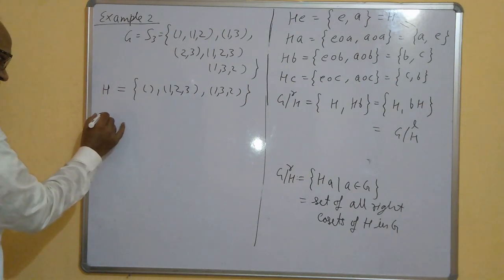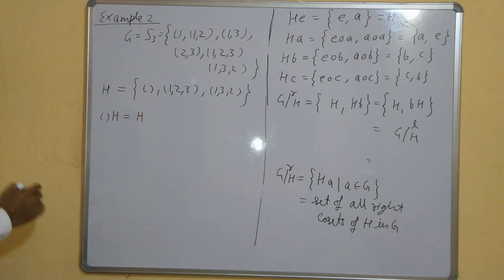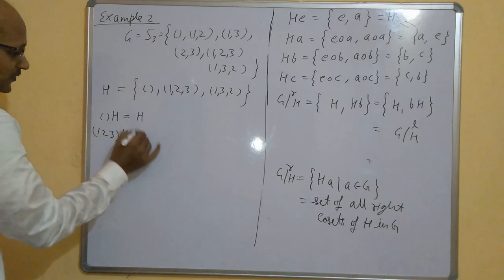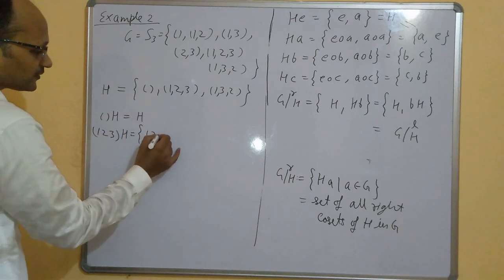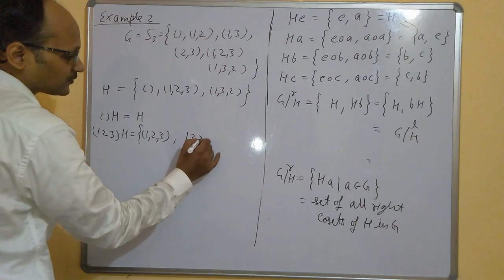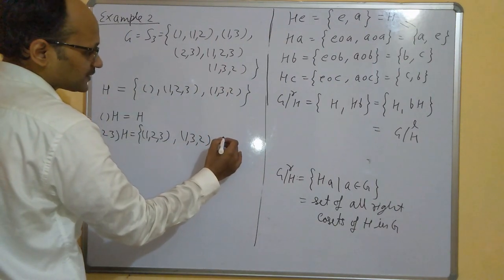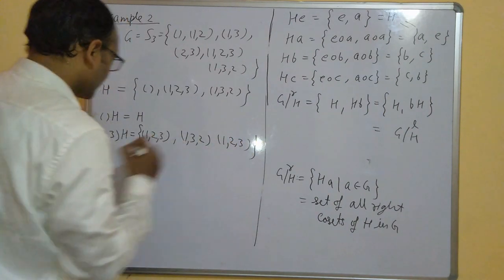So it is not hard to see, identity into H you will multiply, you will get H. (1 2 3) into H, you will multiply it by (1 2 3). (1 2 3) into (1 2 3) is (1 3 2). And (1 2 3) into (1 3 2) is identity.